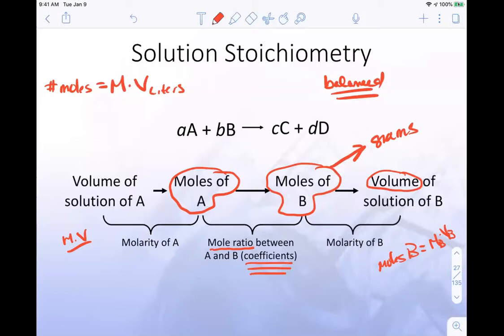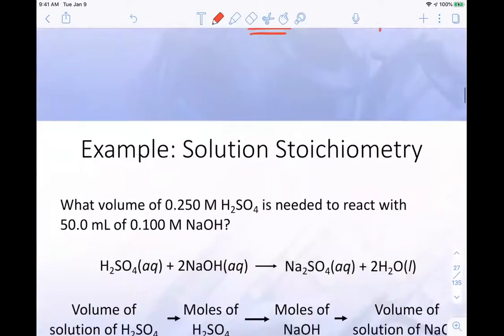So solution stoichiometry is slightly different than what we did before in how I get to those mole values of my reactants or my products. I'm using molarity generally to do this, but the general approach is still exactly the same.